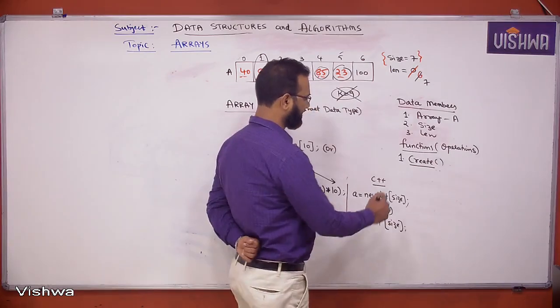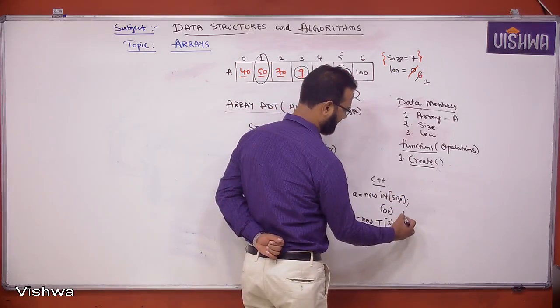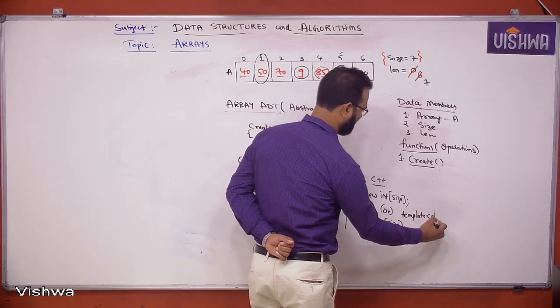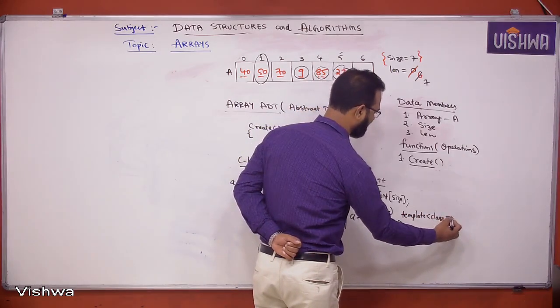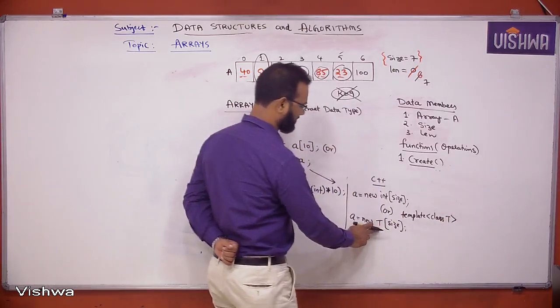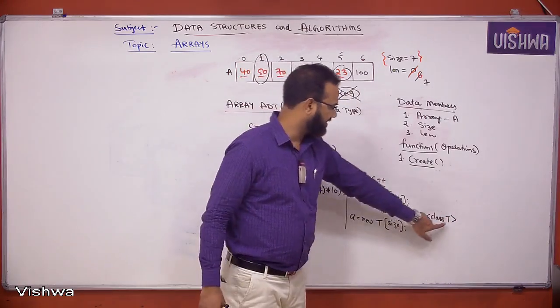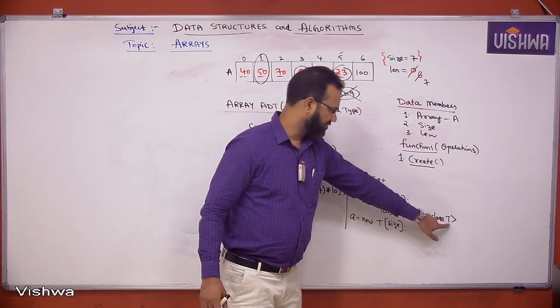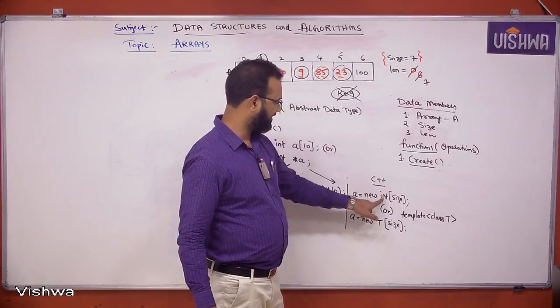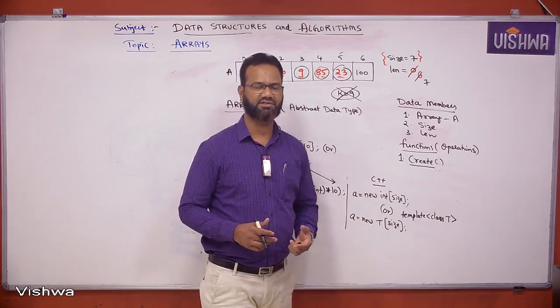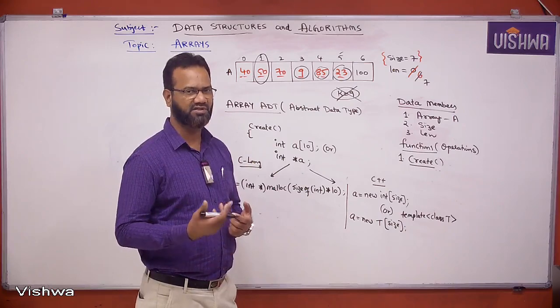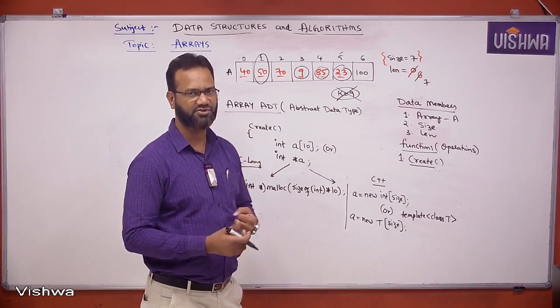This template declaration must be there at the beginning: template class, any name you can use. This name I am using over here. This is going to be a template declaration. Class template, that I am using as T over here. Instead of int, I am saying T. Its only difference is it's a generic data type. At runtime you can decide what data type value is to be stored over there.